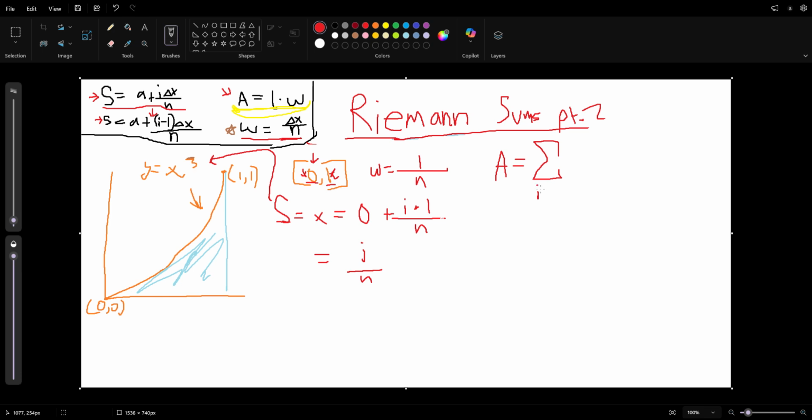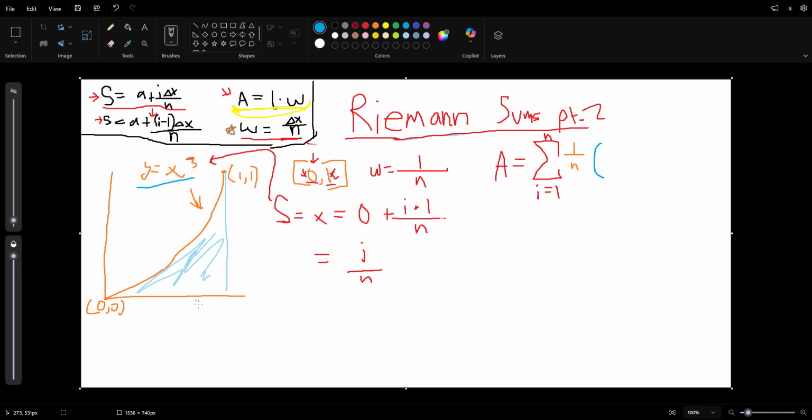So we first actually got to draw the Riemann sum. i equals 1 to n, since we don't know what number of rectangles we're doing. This might not be standard, to do the width outside of the inside of the Riemann sum, but I want to show you guys how we're going to do this. So the width, 1 over n, times all of the lengths, which are calculated through i over n.